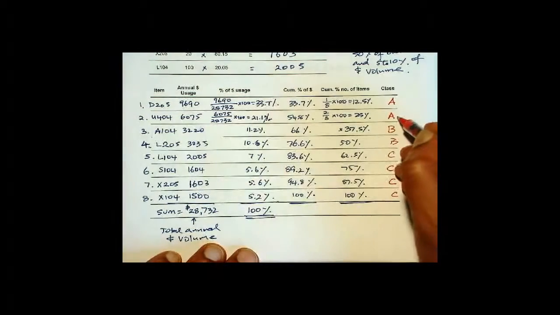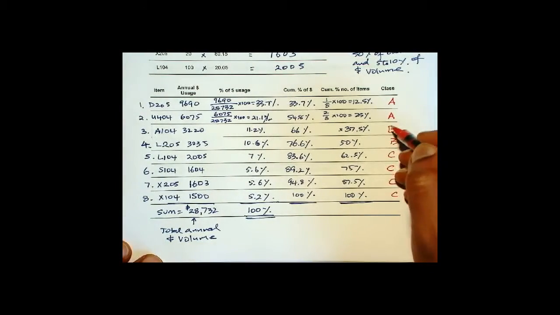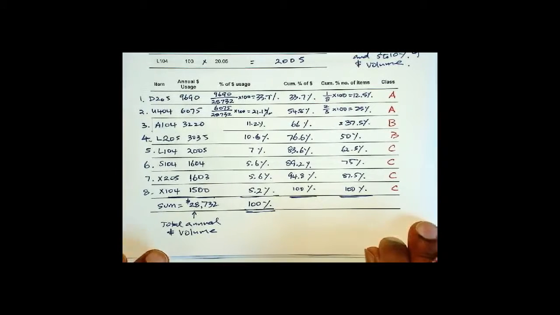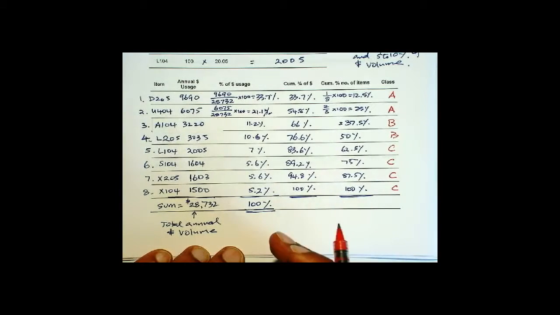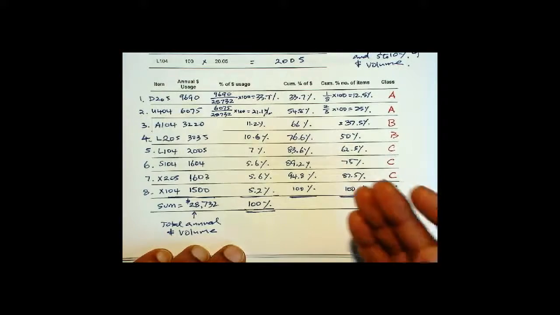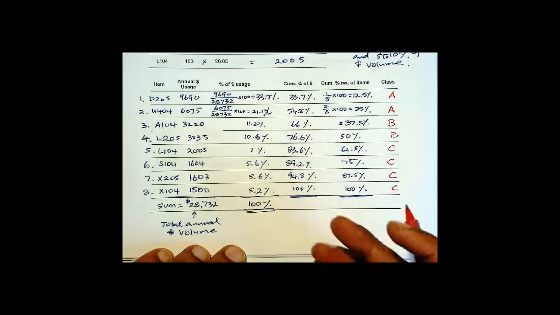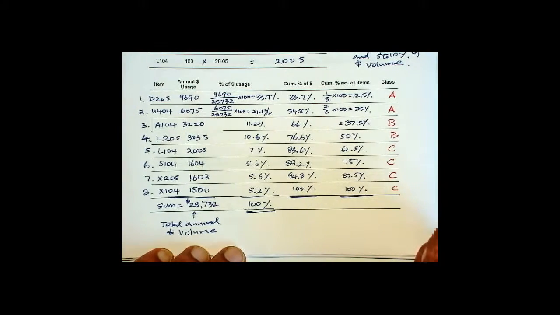So one could argue that this item must be A. But once again, you see that it is not a straightforward plugging of values into your formula and seeing whether it is A, B, or C. So you have some judgment involved here, and you have to use your judgment to figure this one out. So try to do the best you can. In other words, there can be more than one answer, but if you have a different answer, you should be able to justify it. If you're not able to justify the answer, then that means that's not right.